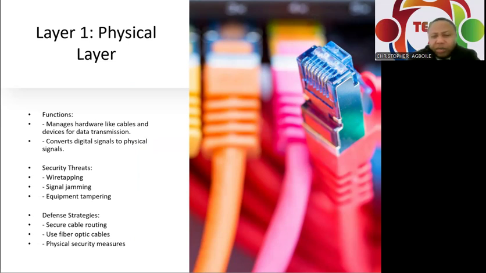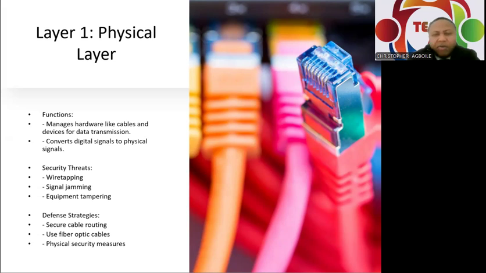It manages cables, switches, radio frequencies, connectors, and devices that carry binary signals. Of course, computers carry binary signals, zeros and ones. They also convert digital signals into electrical, optical or radio signals.